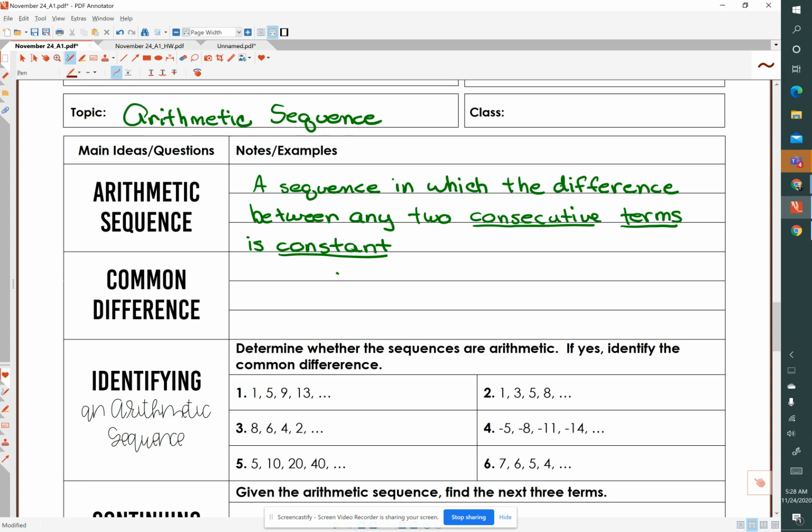So the common difference is the numerical difference between any two consecutive terms, and we represent that with the letter D. So the numerical difference, D, okay? Between any two consecutive terms.